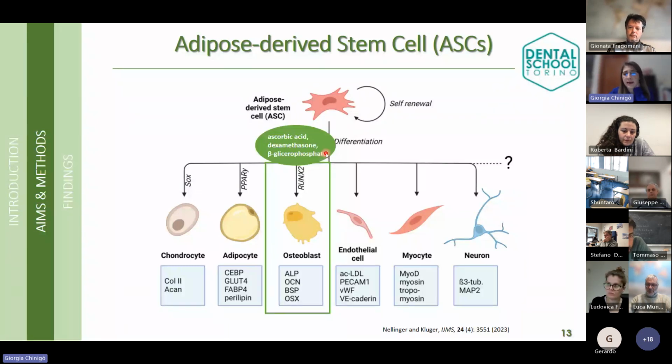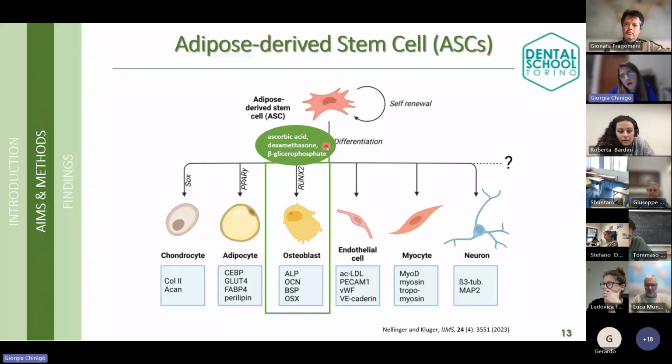As you can see from this scheme, the adipose-derived stem cells can be induced to differentiate into osteoblasts by simply adding some specific factors to the cell culture media, including ascorbic acid, dexamethasone, and beta-glycerophosphate.